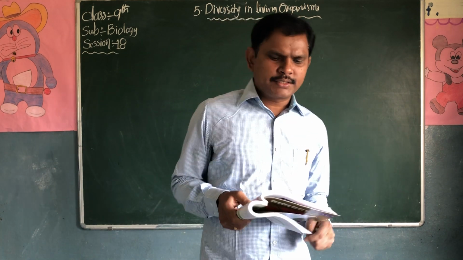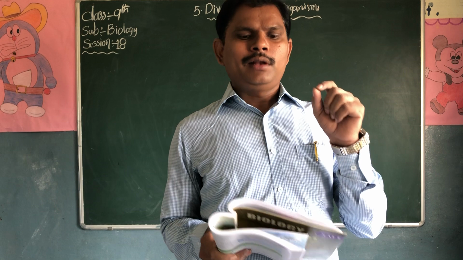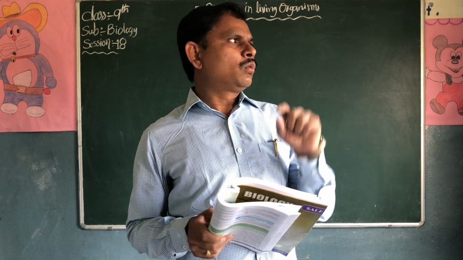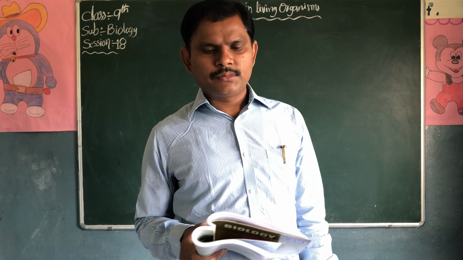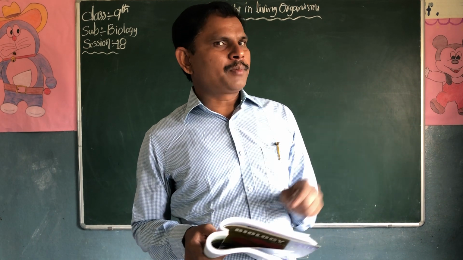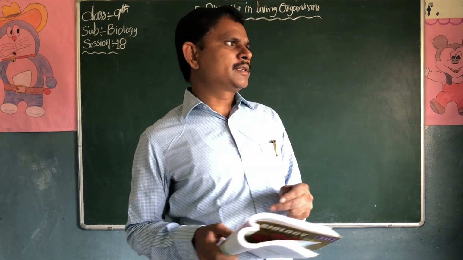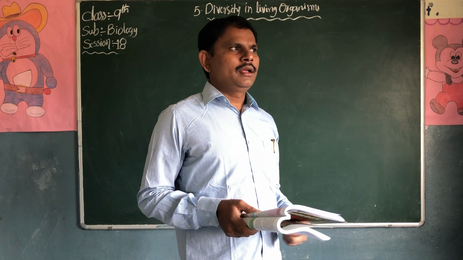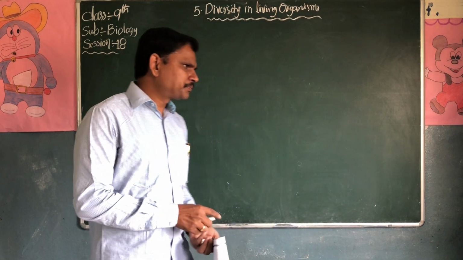Name of the insect, number of legs, number of wings, the color of the insect, shape or size of the insect, body parts, how the body parts are there. In some we can see segments. For example, take the earthworm.